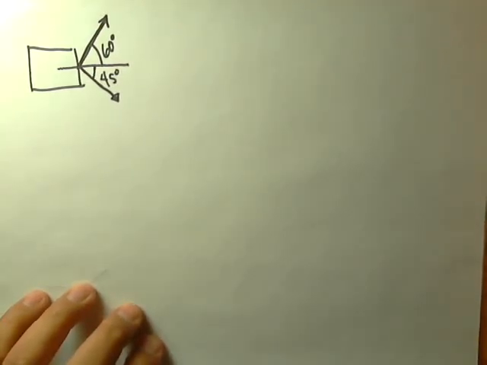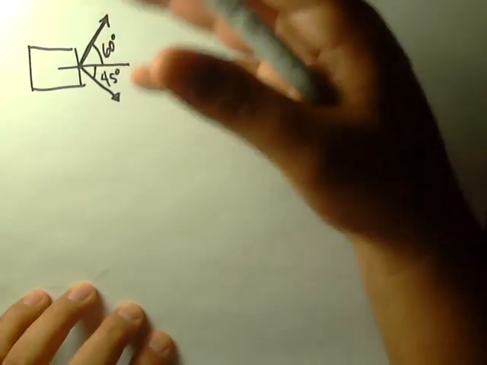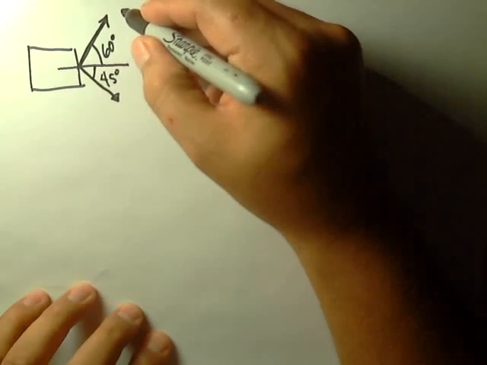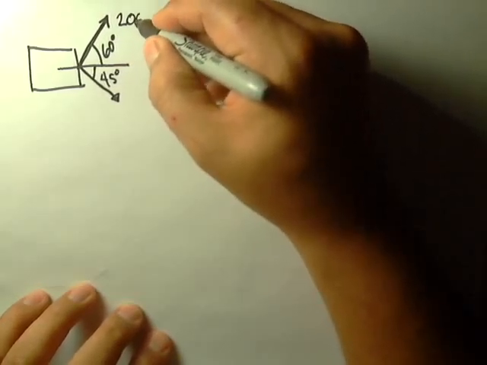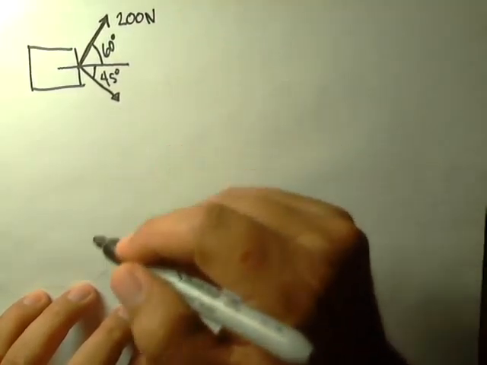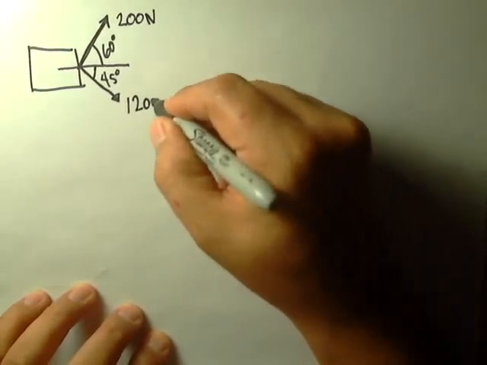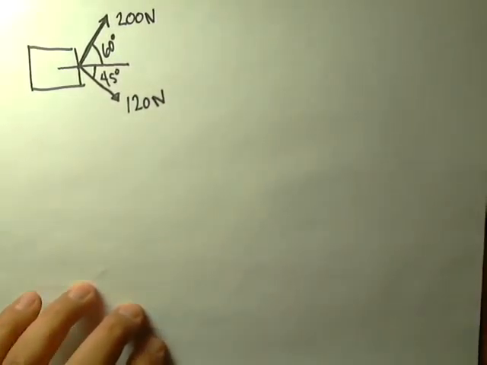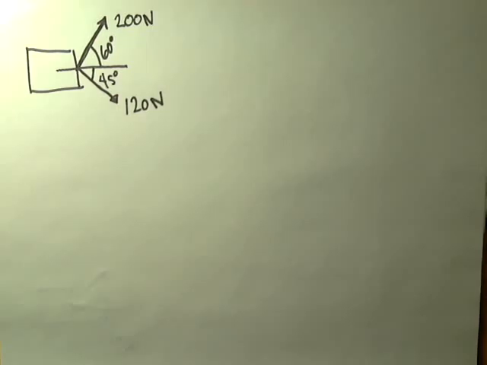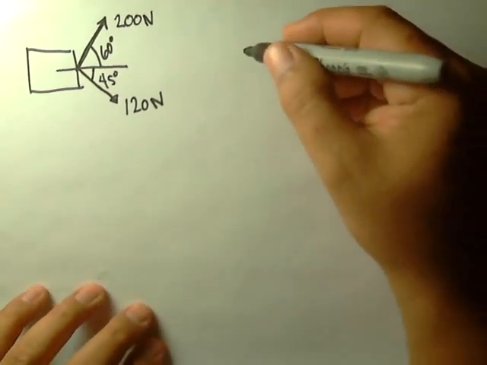Basically what we need to do is get the force that we will be dealing with. Let's see, 200 newtons on this one and 120 newtons on this one. Okay, so let's start this up, and what we will need to do is very simple.